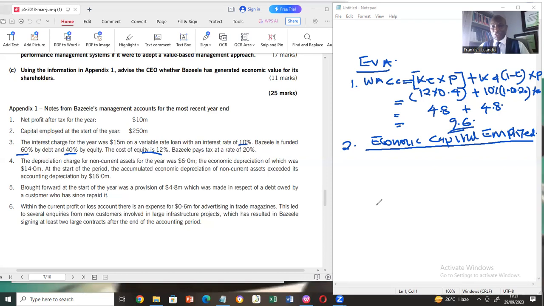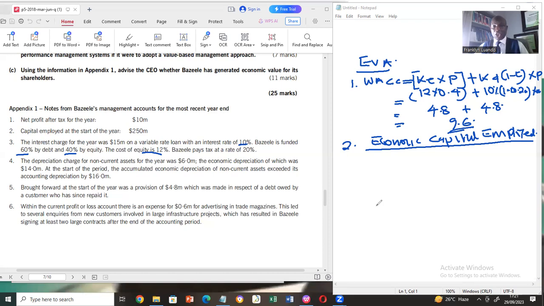If the accounting depreciation is more than the economic depreciation, because when calculating the economic capital employed you add back the accounting depreciation and deduct the economic depreciation at the beginning of the period, the difference will be added back.